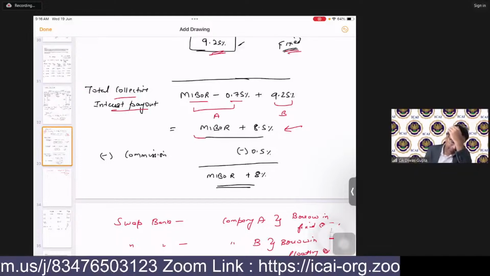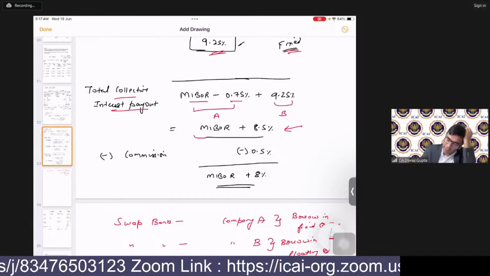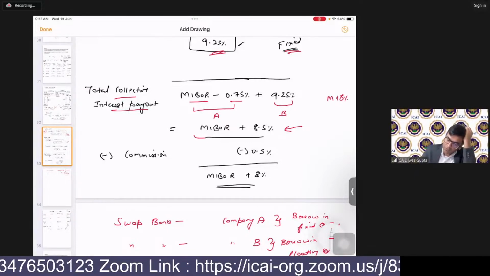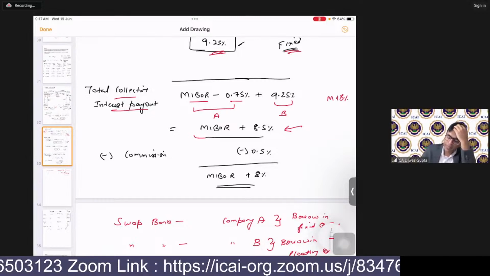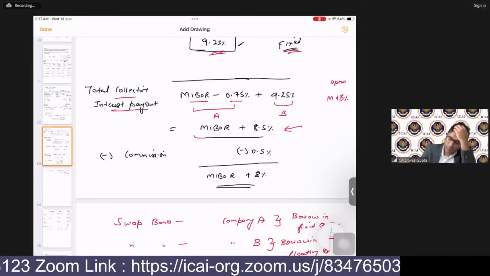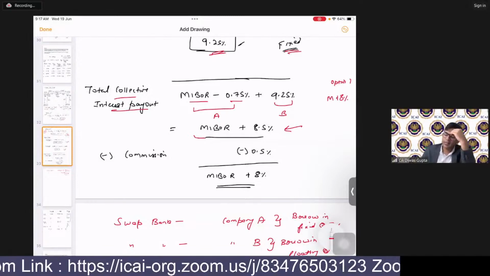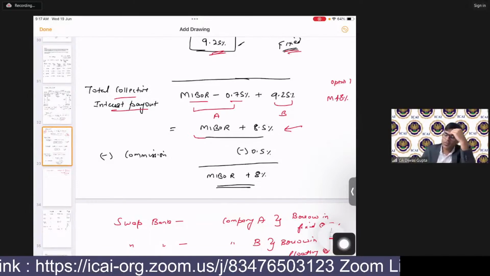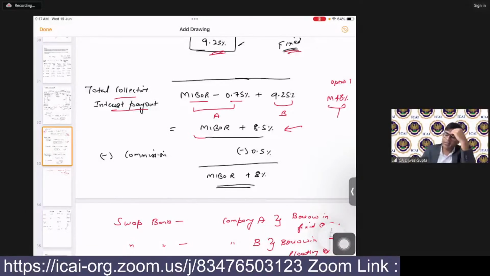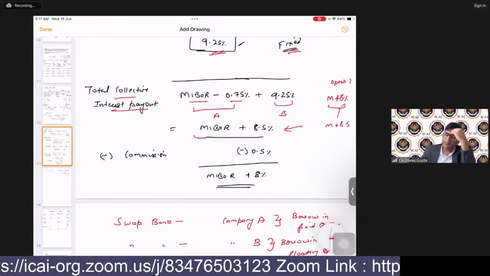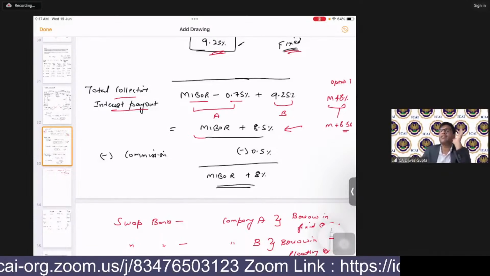I will also expect something. So what will swap bank say? Okay, the lowest borrowing option was MIBOR plus 8%, right? Option 1 was MIBOR plus 8%. So what I will do, I will add my commission and make the overall cost as MIBOR plus 8.5%, and then I will distribute it.